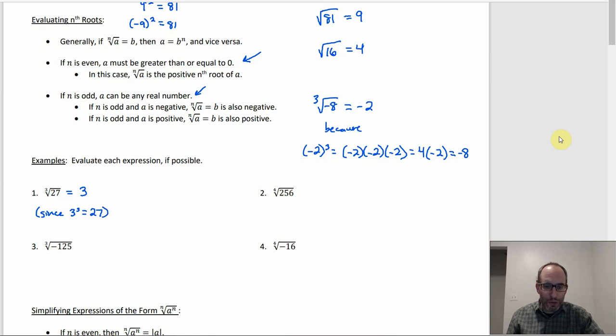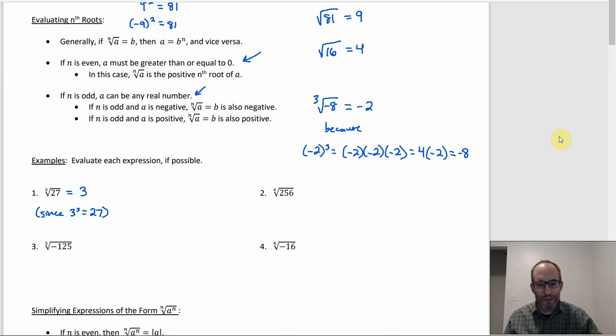The fourth root of 256. All right, well, we're not really dealing with irrational numbers here, so it's going to have to be something. I guess you can kind of start cycling through them. 2 to the fourth power, that's going to be 16. 3 to the 4th power is going to be 81.